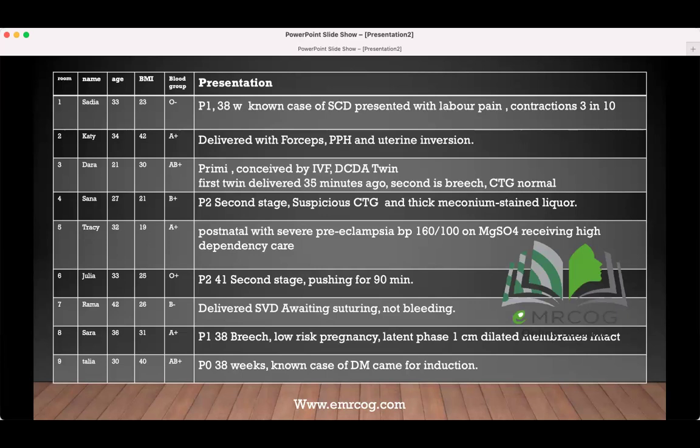I will go for ABC protocol. First of all, I will start with oxygen mask, and then I will insert 2 large bore cannula and send blood for full blood count, coagulation profile, liver function test, renal function test, and standby for cross-match 4 units, fresh frozen plasma, platelet, and also cryoprecipitate.